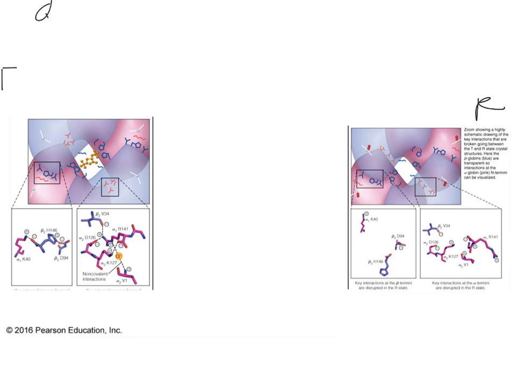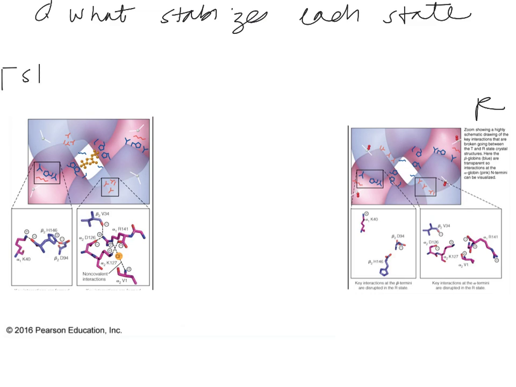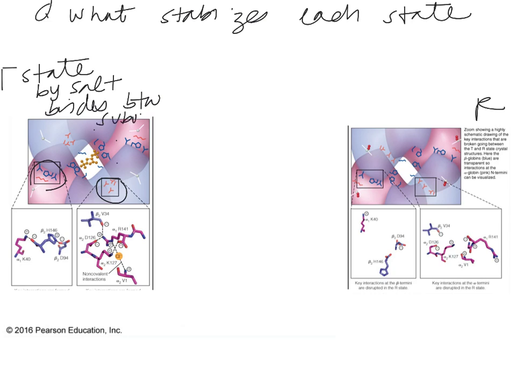So here's the question: what stabilizes each state? All right, so here's the T state. And each subunit you can see is in these different colors. There's these different colored blobs, and then there's these zoom-ins. So the T state is stabilized by salt bridges between subunits.